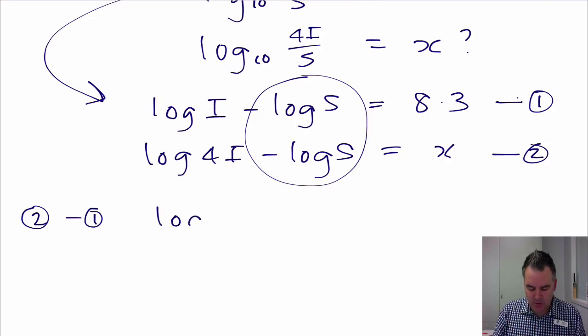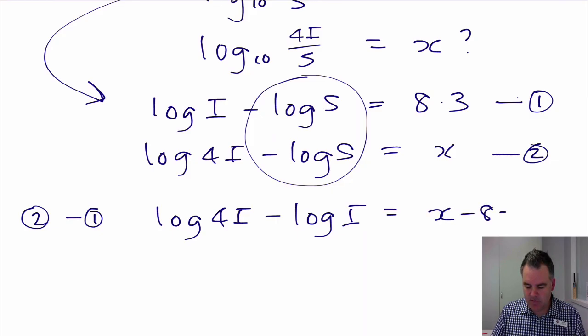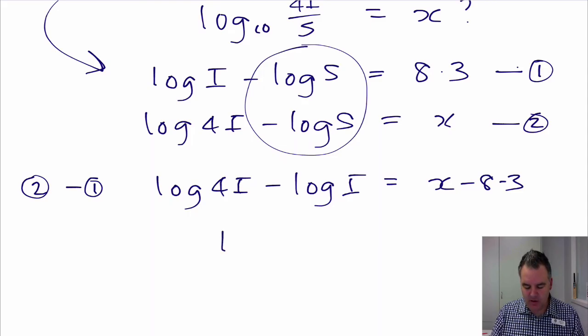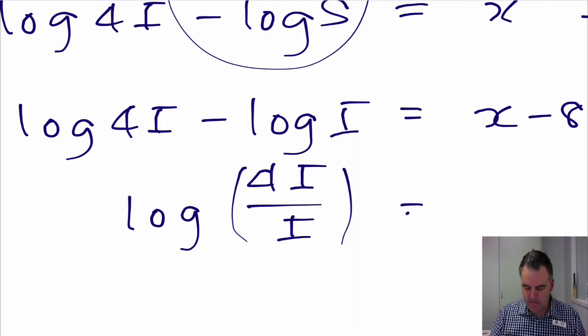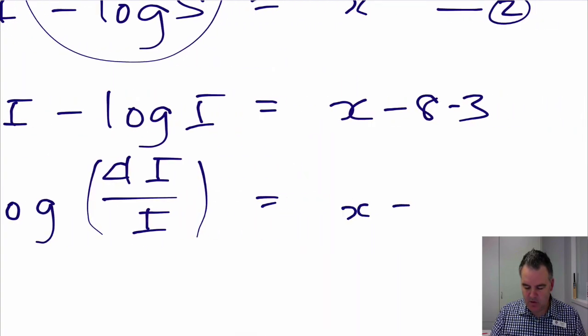So we'll end up with log 4I minus log I is equal to X minus 8.3. Okay, that's good. Now, on the left-hand side here, log A minus log B is log A over B. That's that log law there. And that gives us X minus 8.3.